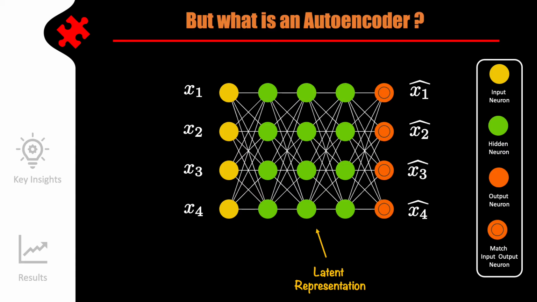But what may not be clearly visible from this architecture right now is that since the goal is to recreate your inputs, your hidden layers may just end up learning an identity function, because all they would learn is how to simply propagate your inputs to your outputs, which means that you would very quickly end up getting a loss of 0 and you would consider your job done.